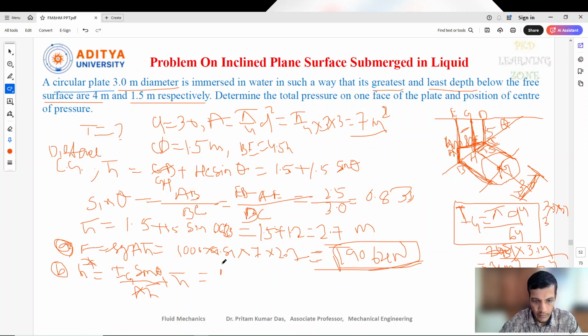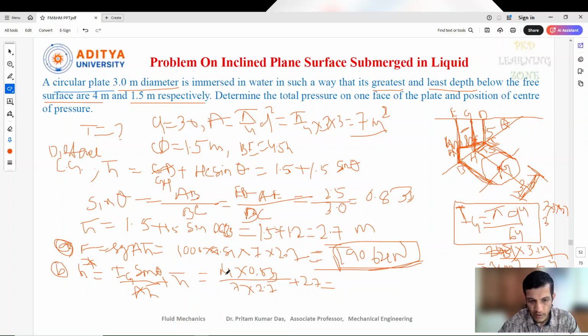Now here I'll put the value of Ig into sin theta. Sin theta we already got previously, 4 into 0.833, divided by area, area again 7, and h bar how much we got? 2.7, plus 2.7.